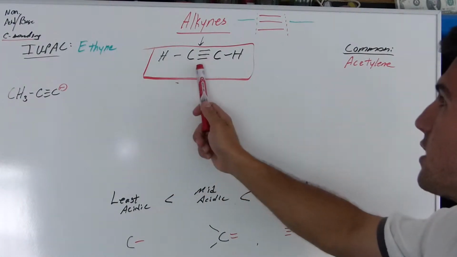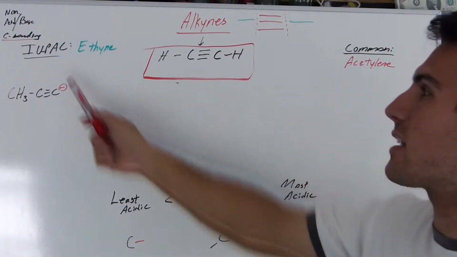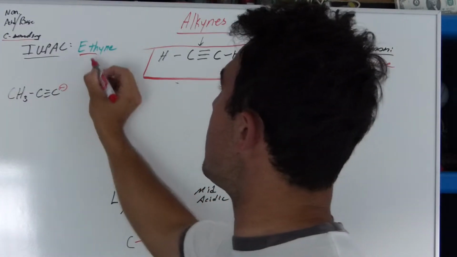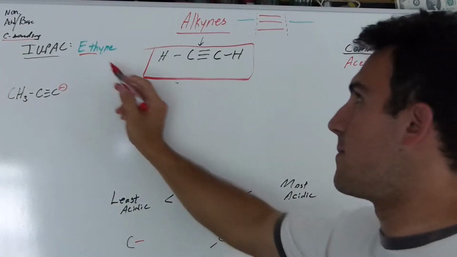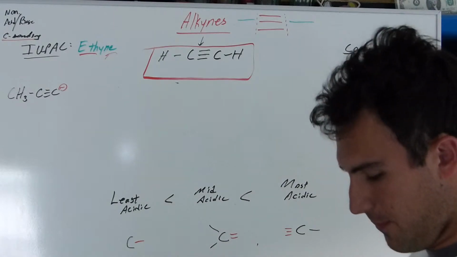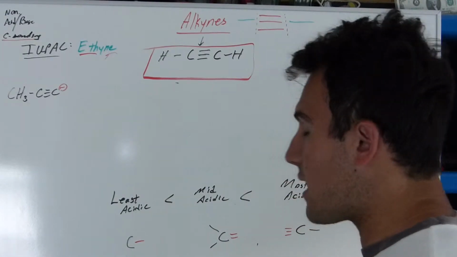Ethyne deals with the triple bond. That is the IUPAC name. Why? Here's the ETH for 2. There's 2 carbons. YNE, triple bond. There is a triple bond right here. The numbering system does work out the same too.